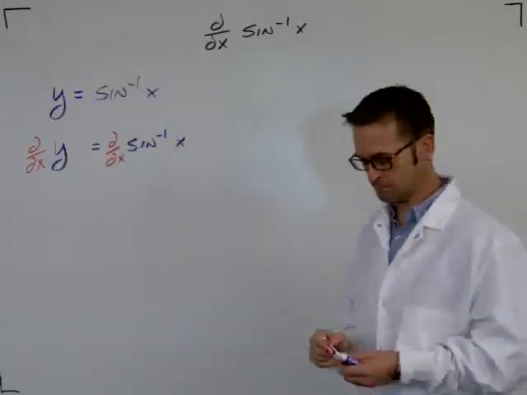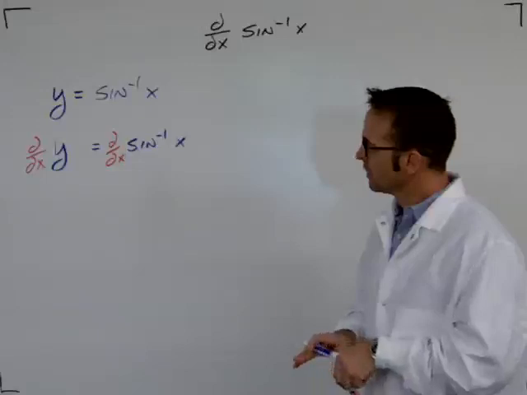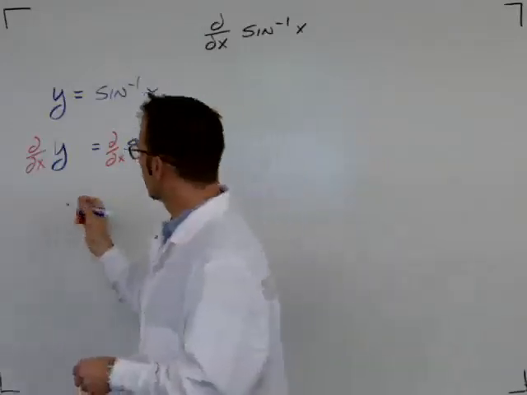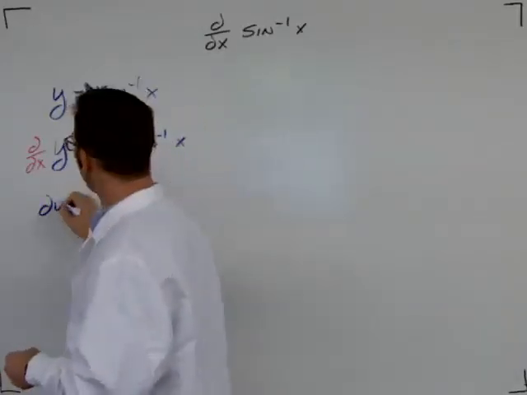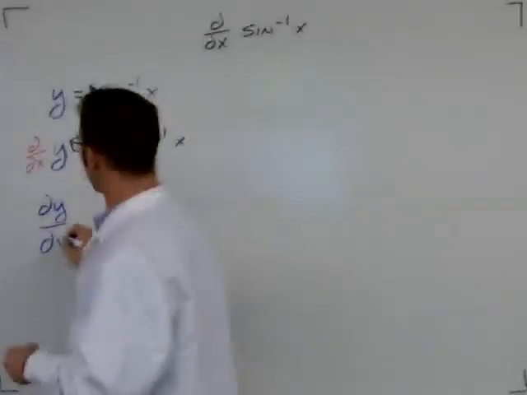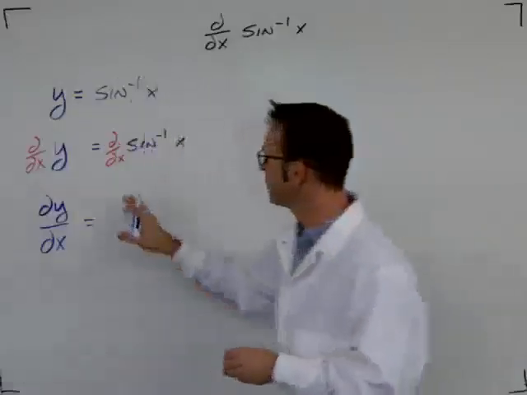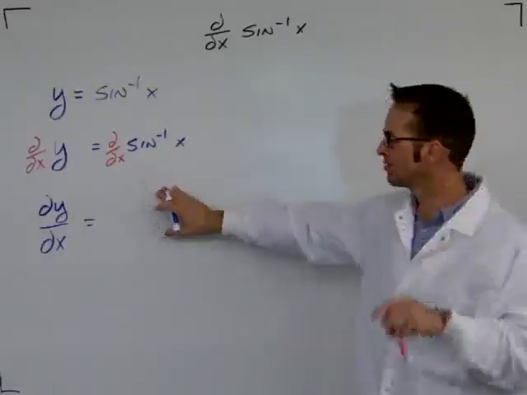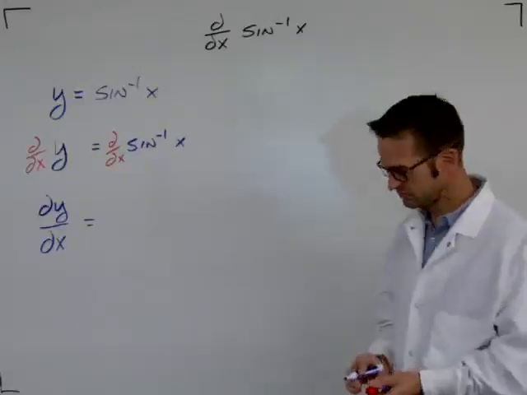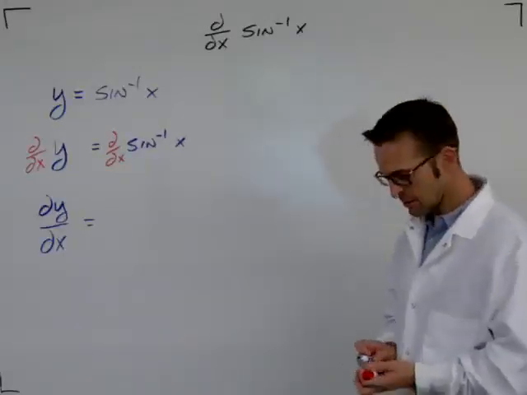Now what I'm going to do is on this side, I'll say this is the derivative of y with respect to x. And over on this side is that derivative. Well, that's about all I know right now.